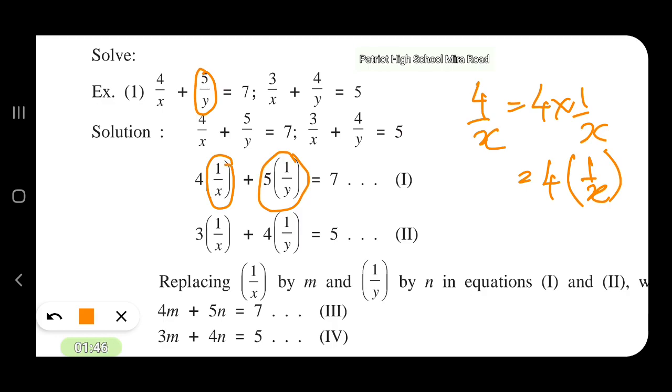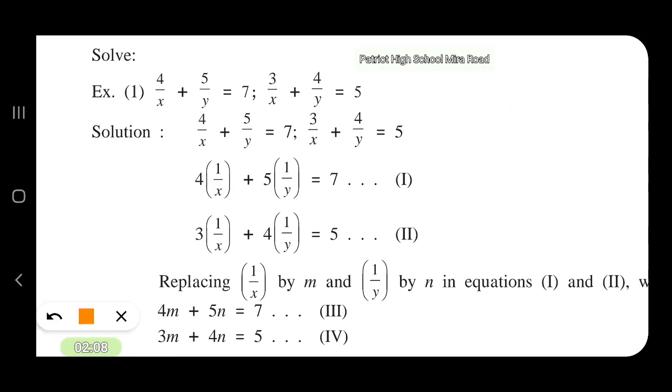Instead of 1 upon x, we are going to write m, so it becomes 4m. 1 upon y we write as n, so this becomes 5n. So we get a new equation, where in place of this we write m, and in place of this we write n.